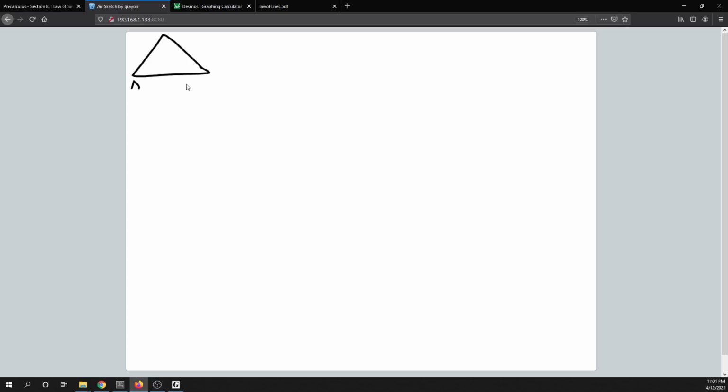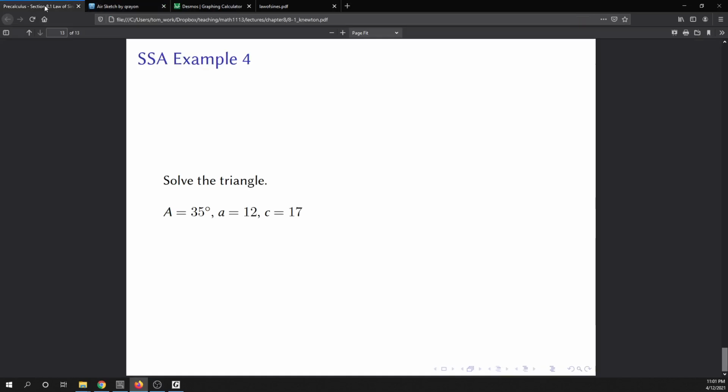And label the angles A, B, and C, and the side opposite those in the correct way, right? So that side A is opposite angle A, side B is opposite angle B, and side C is opposite angle C. And then label what you know.